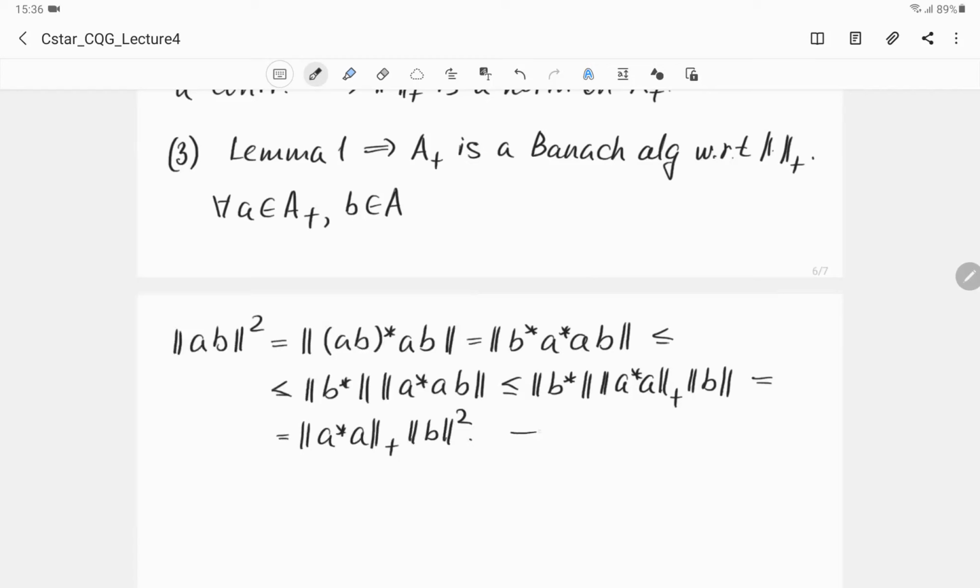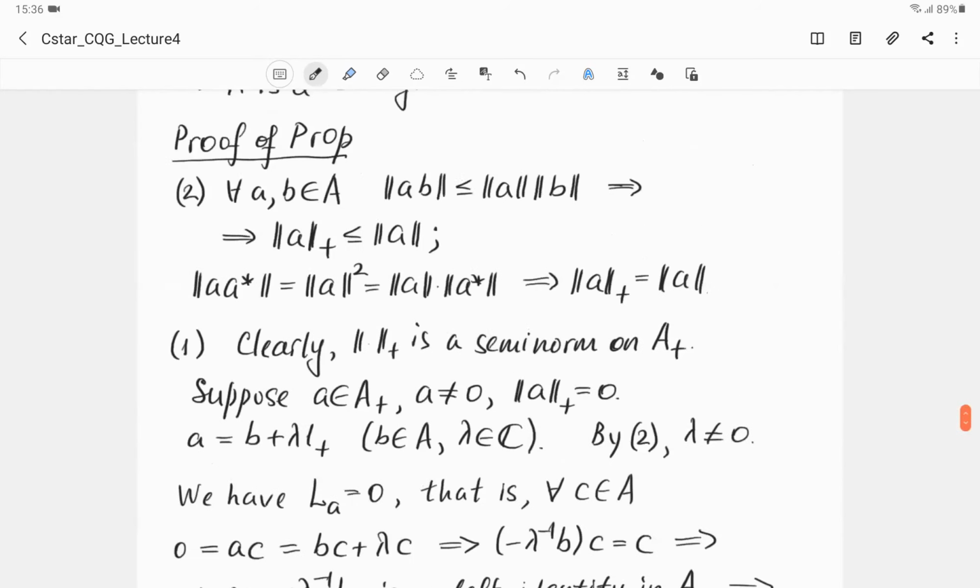Okay, and if we now take the supremum over the unit ball of B, so we divide by the norm of B squared and take the supremum over the unit ball, we conclude that the norm of A squared is less than or equal to the norm of A star A. Okay, and now we apply lemma 2.